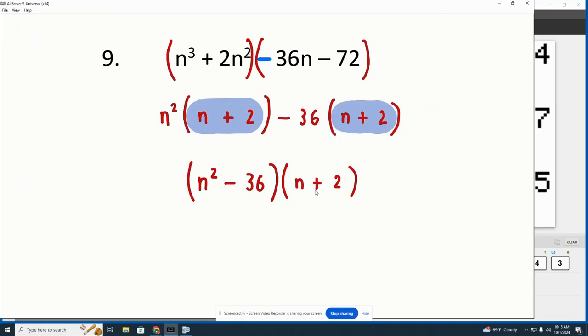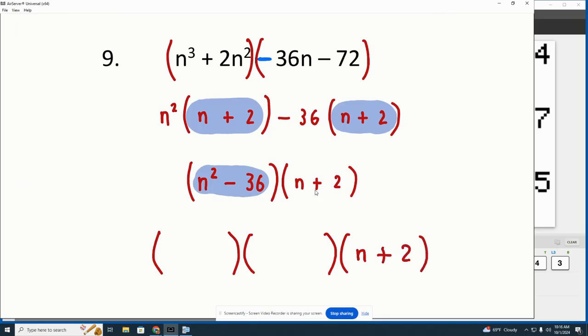Now, don't stop here. Why? What do y'all notice? Oh, 36 goes equally into 2, so you can break it down. Yes, this right here is what we call difference of squares. Remember, it's the one time a binomial breaks into 2 binomials. Now, can I do anything with n plus 2, y'all? Of course not.